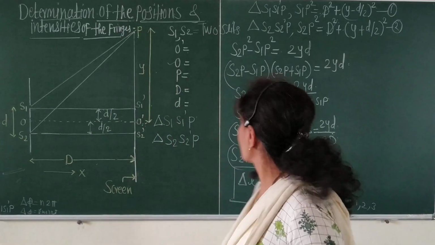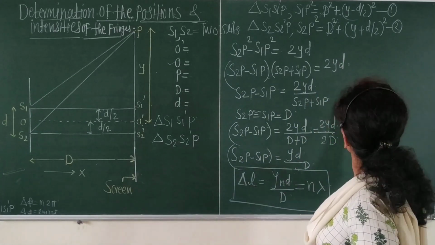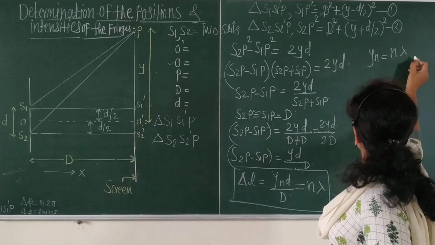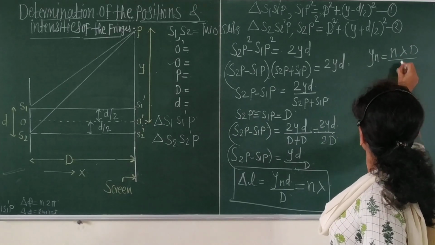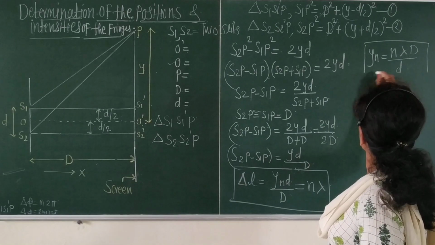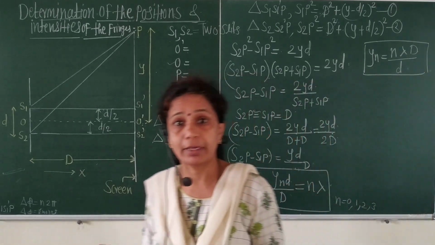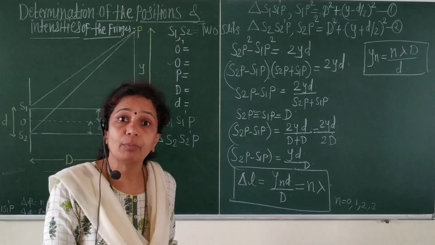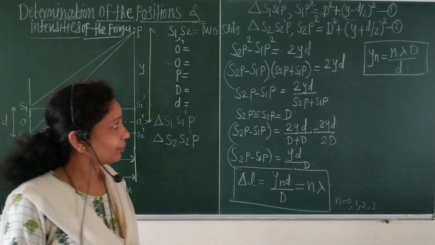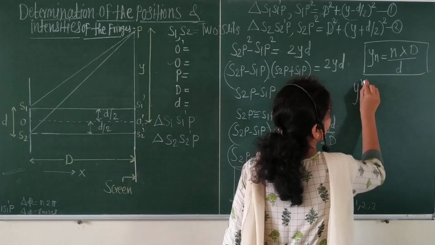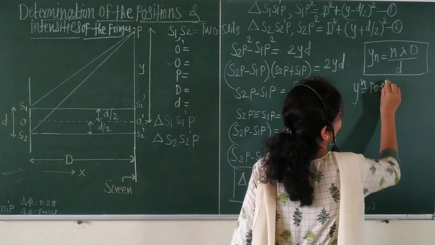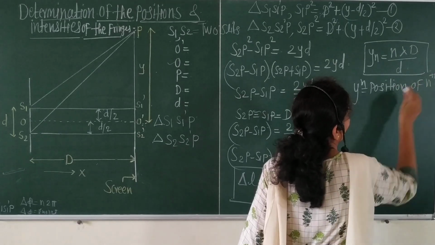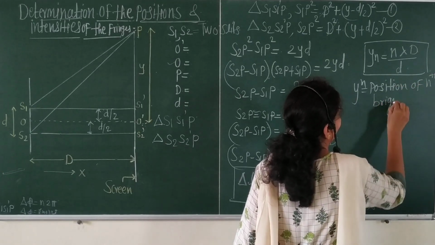From this equation, yn is equal to n lambda into capital D upon small d. Here we get the equation for yn. What is yn? yn is the position of the nth bright band.